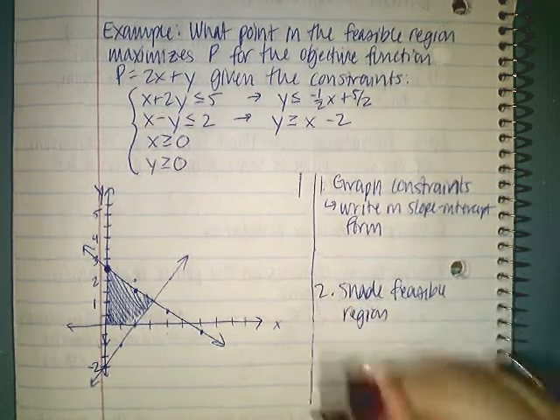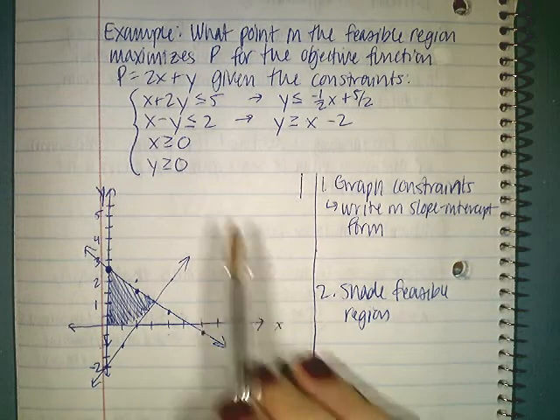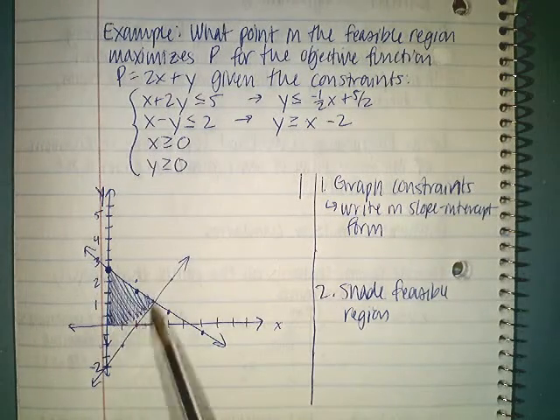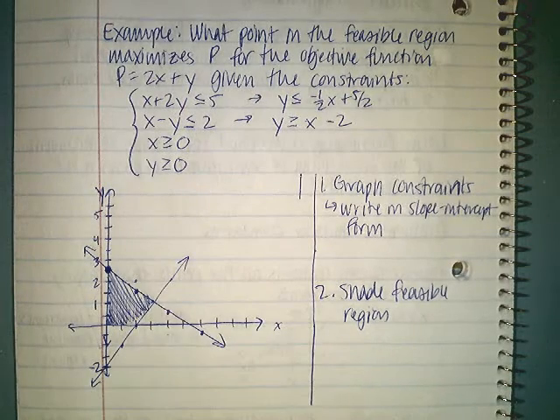Our next step, so if you remember from my key point on the last page, the point that will maximize our objective function here is going to be at one of the vertices or points of intersection.